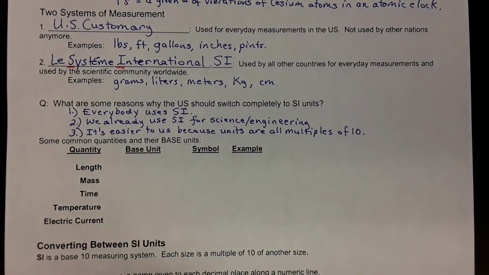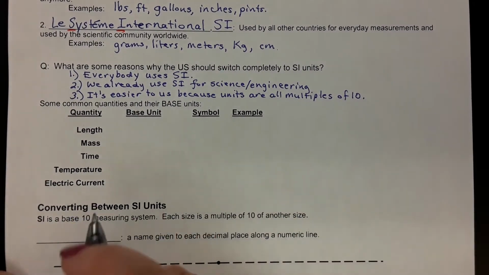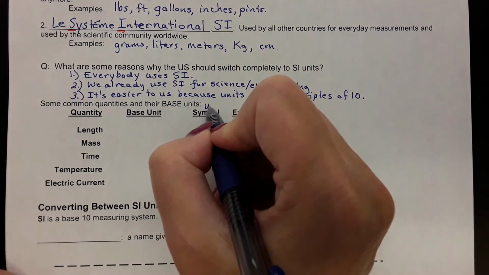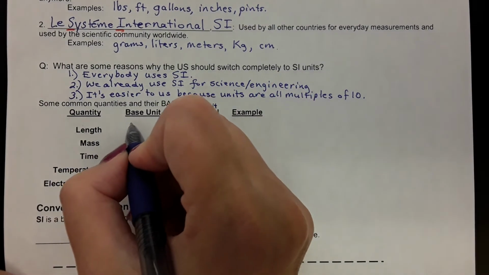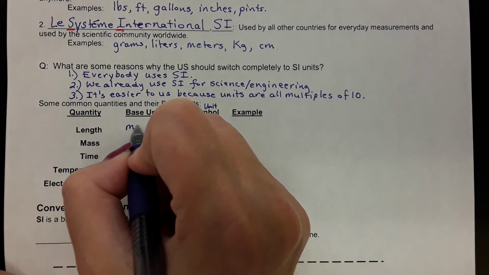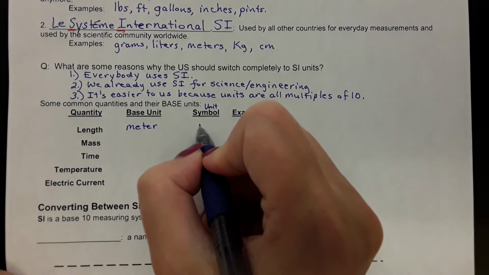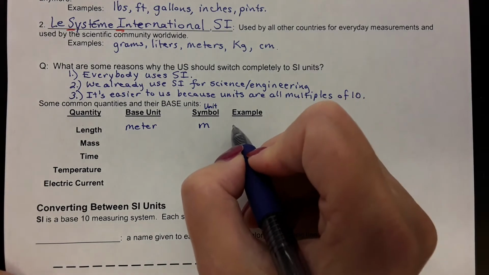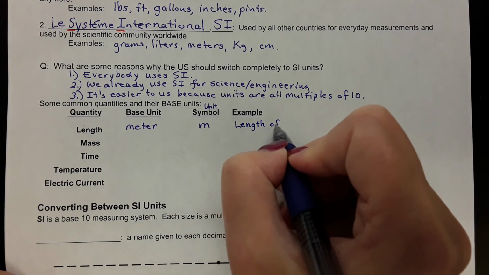Now, let's look at some of the base units we'll be working with and what their unit symbols are. So for length, the base unit is the meter, and we use an m at the end of the measurement, and you could use it, for example, to measure the length of a table.